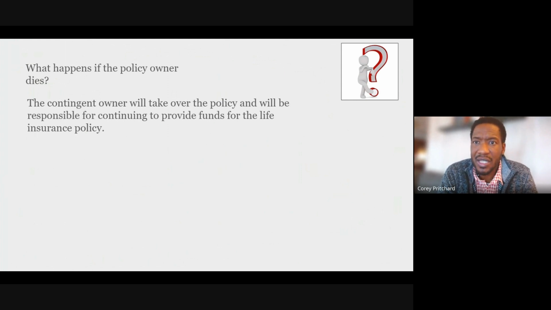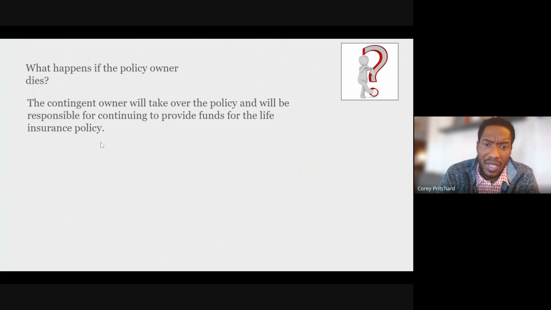The downside is if the contingent policy owner doesn't understand how this policy works, then they may not pay the adequate premiums, right? They may not use it the way that they need to. So that's the reason why I said involve your family in this, so that if by chance, obviously we don't want any of that to happen, but if by chance that were to happen, you want to make sure that the person taking over the policy is prepared to fund it correctly and use it the way that it's supposed to, so they can take full advantage of it, if that makes sense.